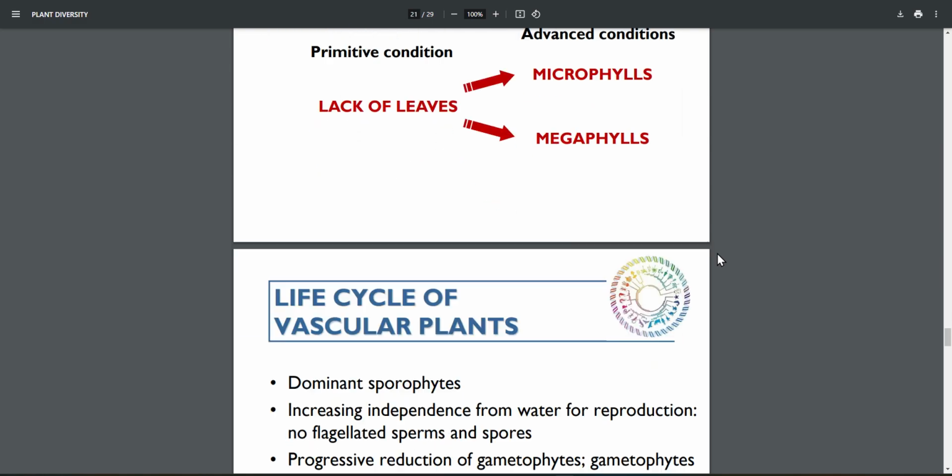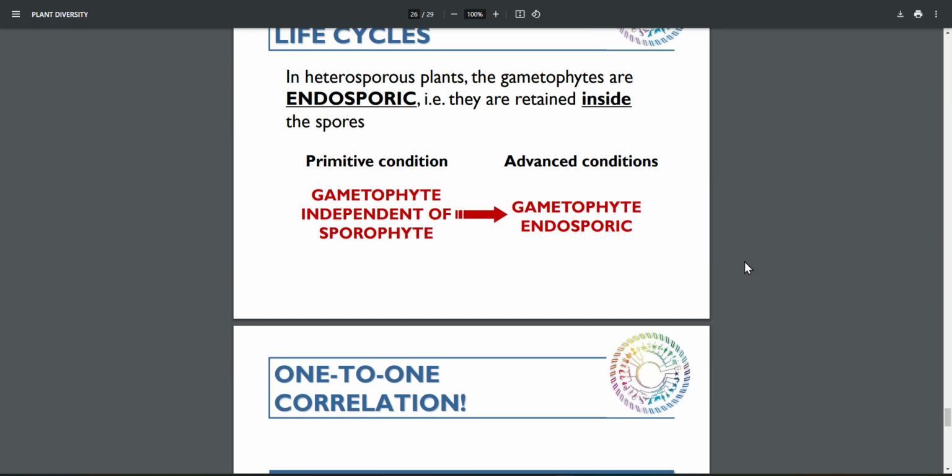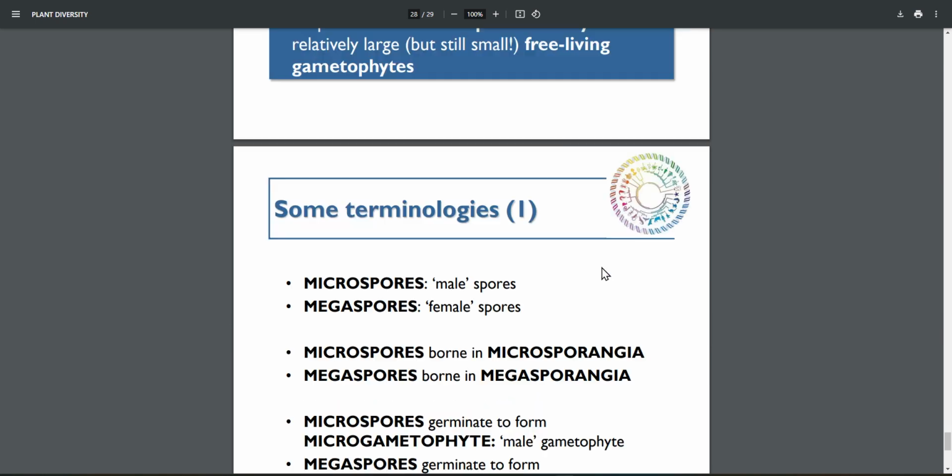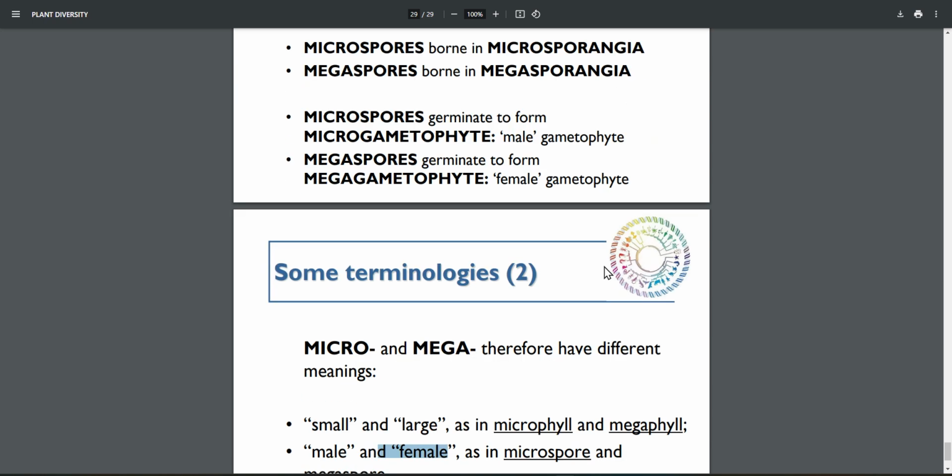Yeah, so these will be the basics. You will see a lot more of this later because we're going to the realm of vascular plants. So clear the concept up so that you're not making yourself dizzy as you go through the rest of the lessons.